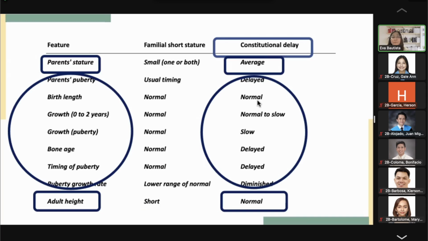And then the birth length is normal, the same as familial short. But you have here a slowing in puberty, bone age is delayed, timing of puberty is delayed, pubertal growth rate is diminished, but they achieve an adult height that's normal. So there was a delay during the early stages prior to adulthood.